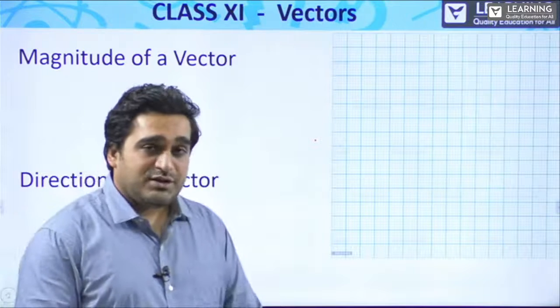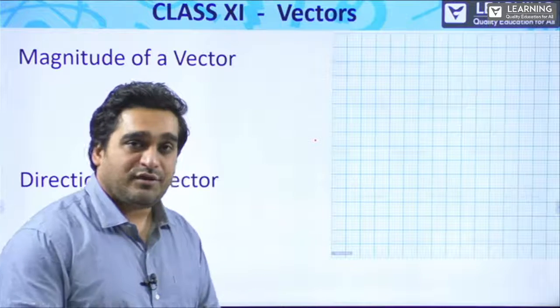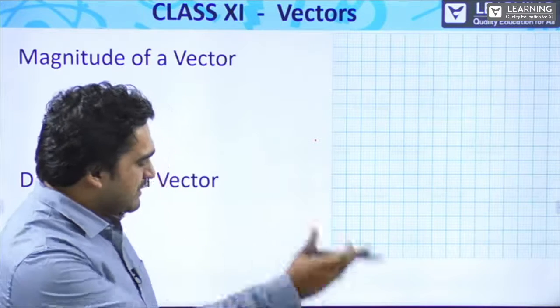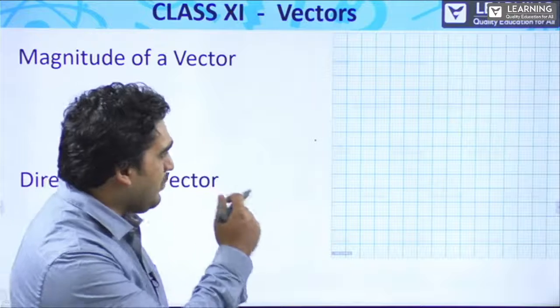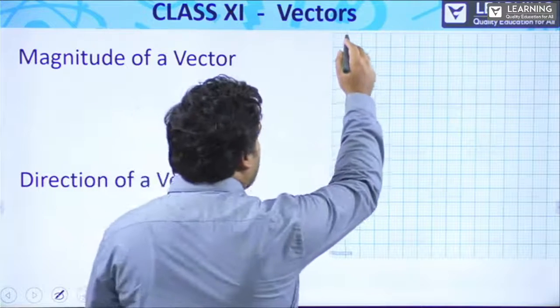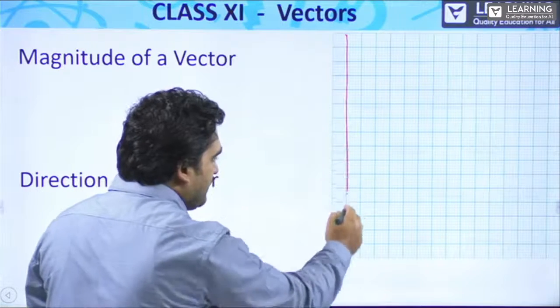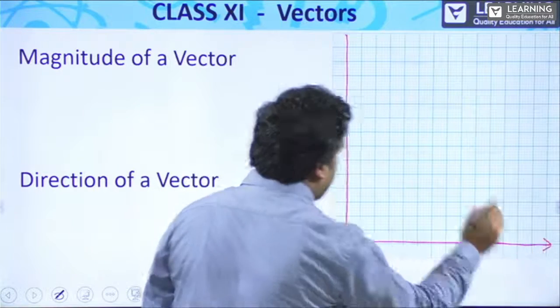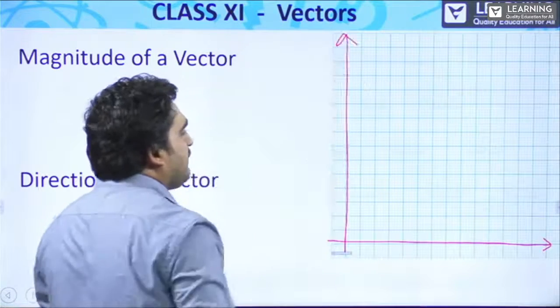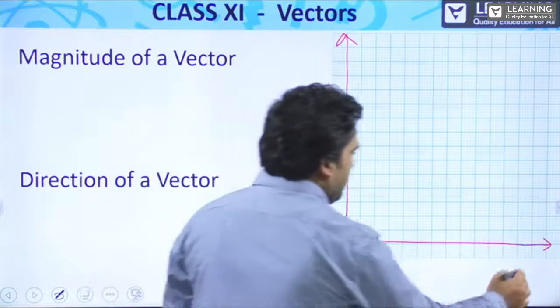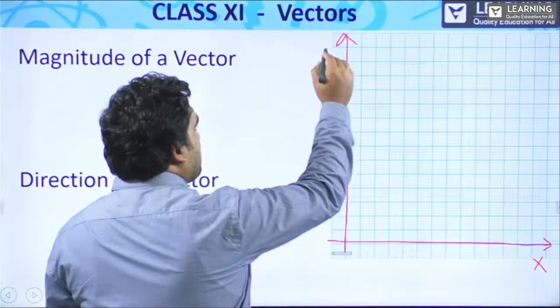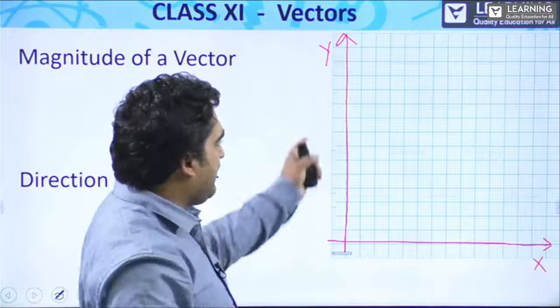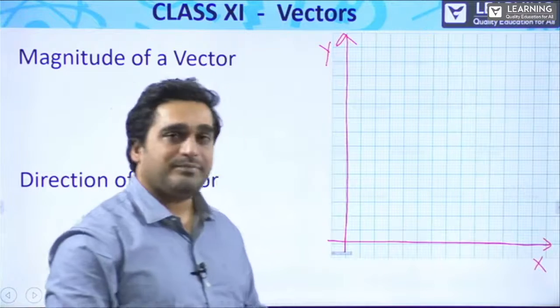Now for this graph sheet, I will represent my x-axis and the y-axis. So go ahead and plot it with me. Draw the y-axis and the x-axis, the two reference axes, which are called ordinate and abscissa.